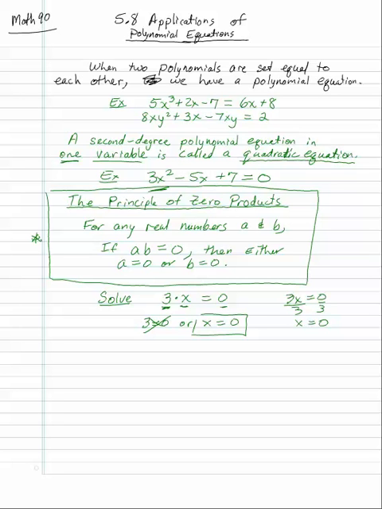Alright, now how does this help us with quadratic equations? Well, if we go a step further, if I had x times y equal to 0, then x equals 0 or y equals 0.